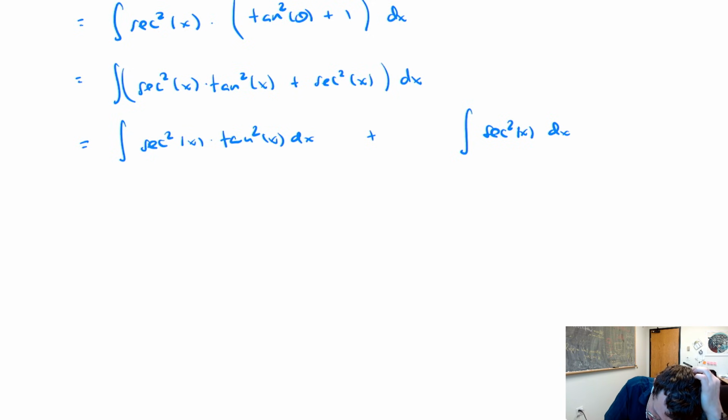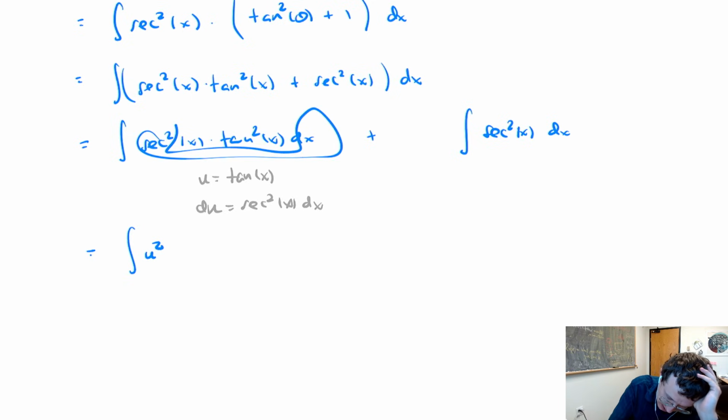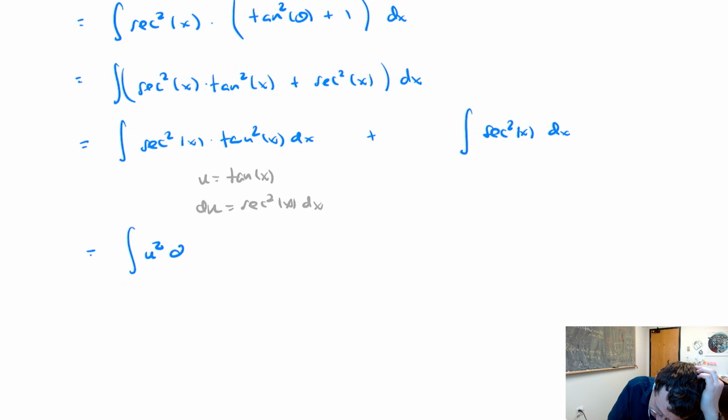So I'm going to try u equals tangent x, which means du is secant squared x dx. So I have u squared, that's this part, and then the secant squared x dx is du. And let's just go ahead and write that as tangent x plus c.